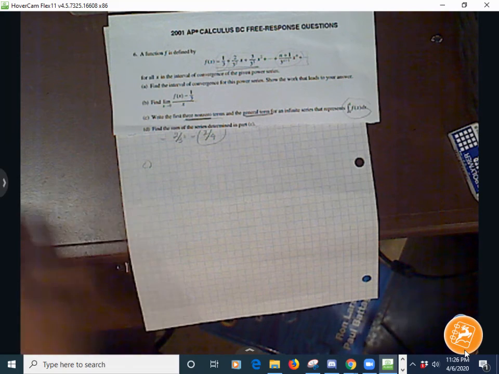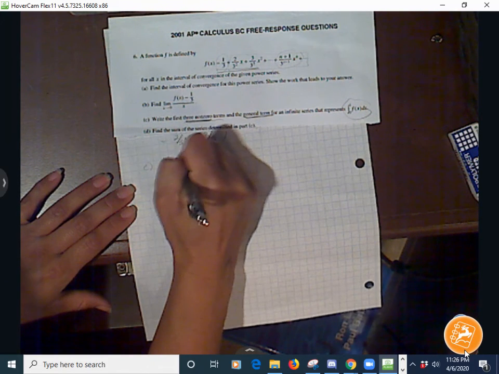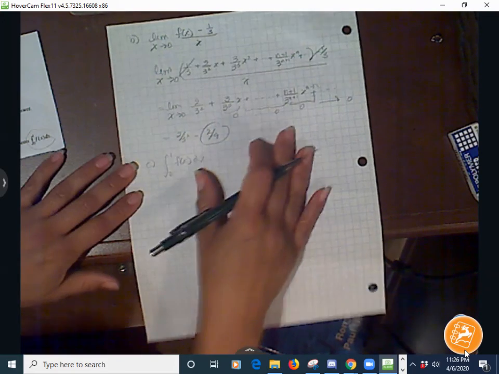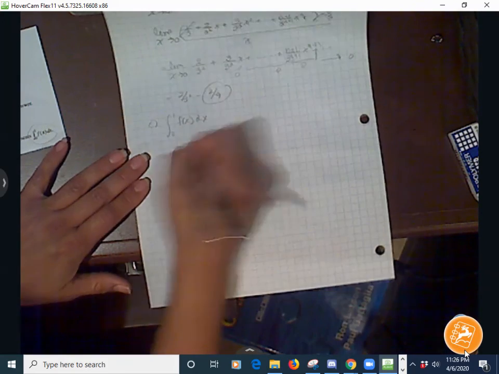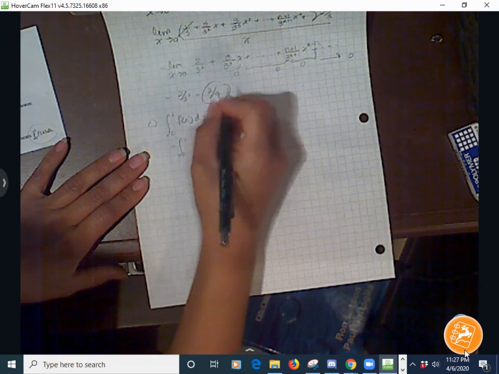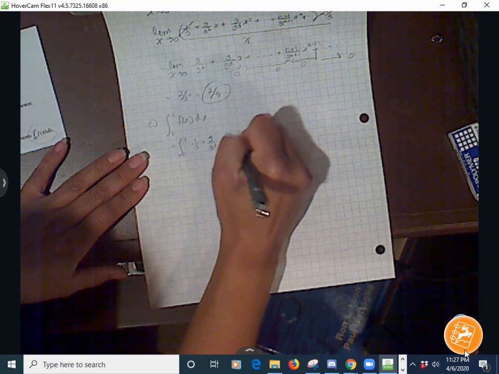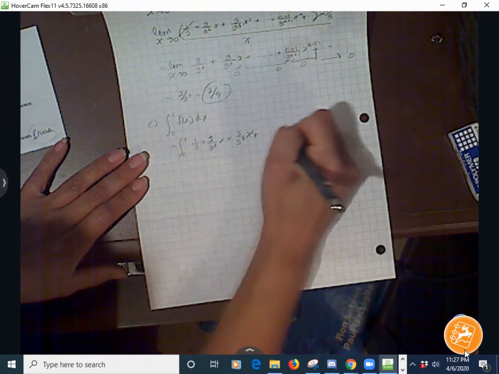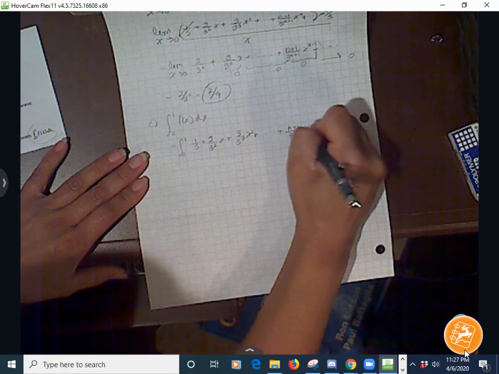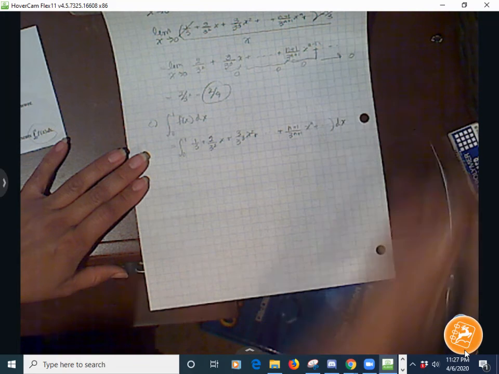So for the first thing, I would start off with the integral from 0 to 1 of f of x dx, like so. And then, well, let me see. I'll expand it: the integral from 0 to 1 of 1/3 plus 2 over 3 squared x plus 3 over 3 cubed x squared plus dot dot dot plus (n) x to the n plus dot dot dot, like so, dx.